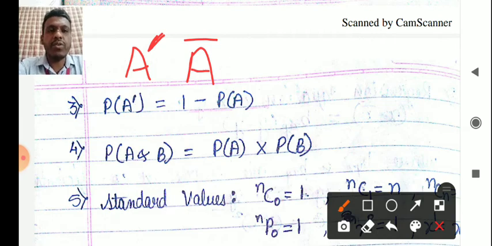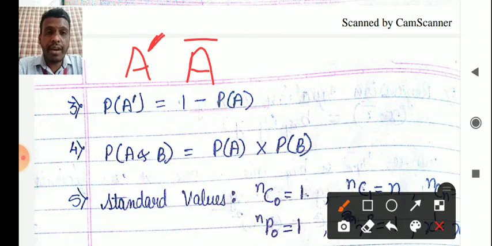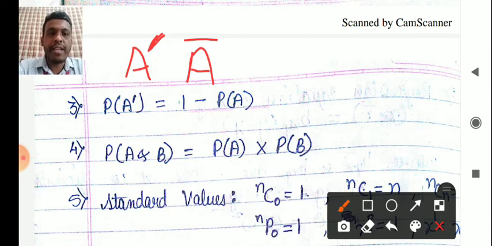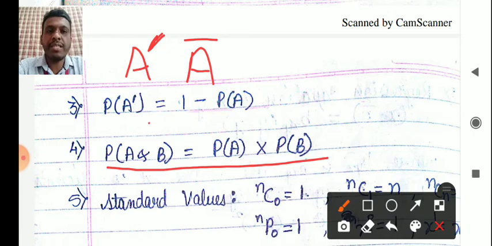So A dash is equals to 1 minus probability of A, that is probability of an event not happening. Probability of an event A not happening is represented as P of A dash. It is equal to 1 minus probability of event A happening, that is probability of A. The fourth one, that is probability of A and B. As I've said, and means multiplication.